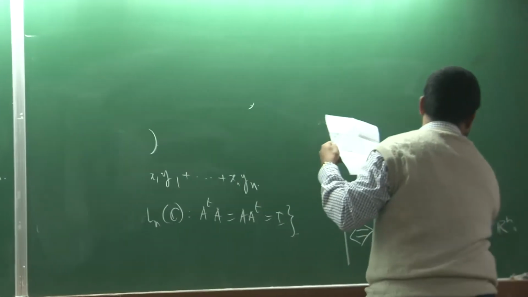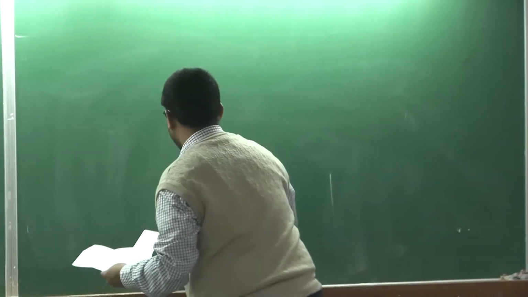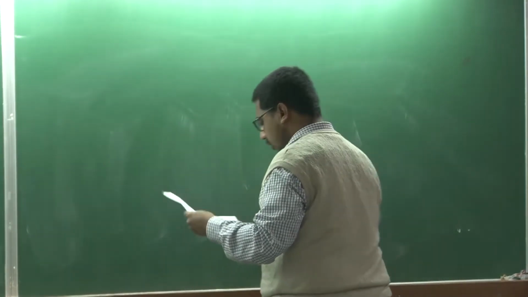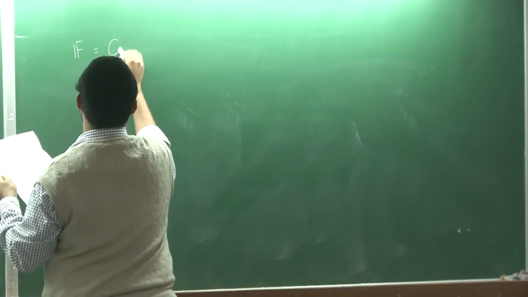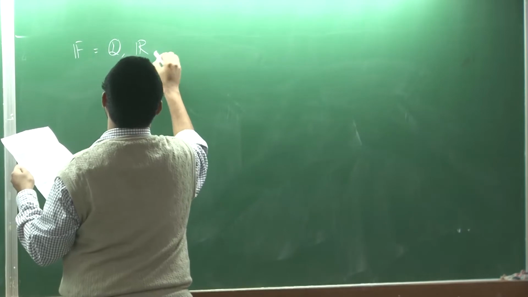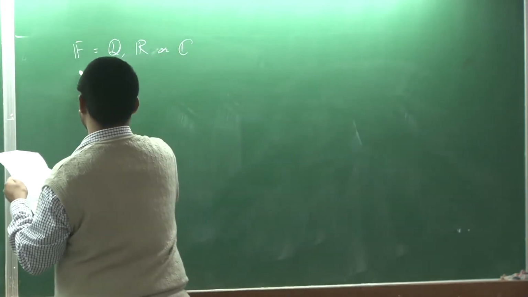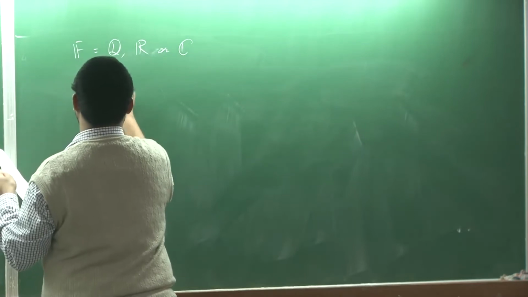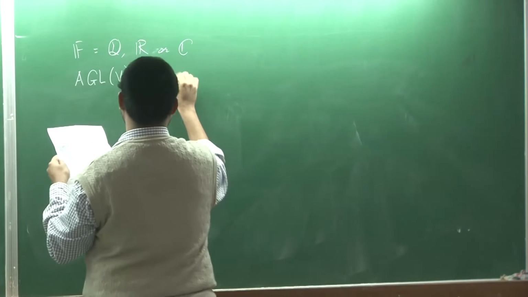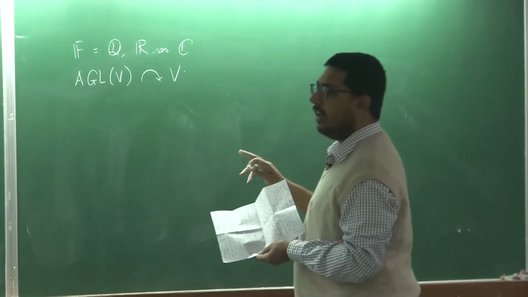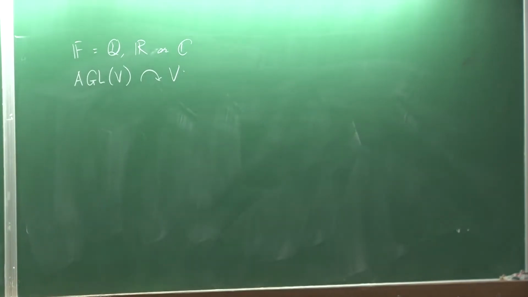So now I should talk about the actions of affine general linear groups. As expected, we let F be Q, R or C, and of course, we do have an action of AGLV on V. This action is transitive, unlike that of GLV, because here you are allowed to translate.